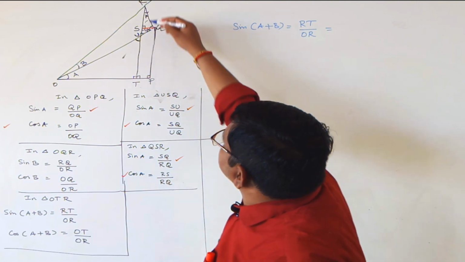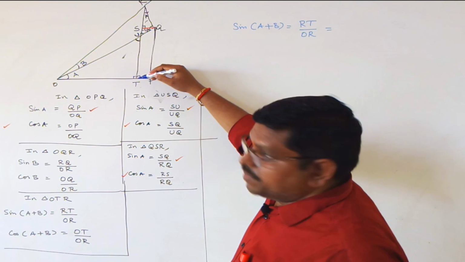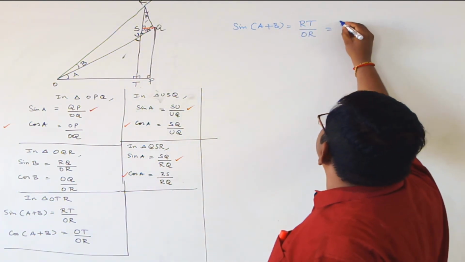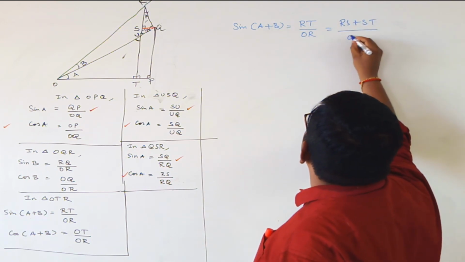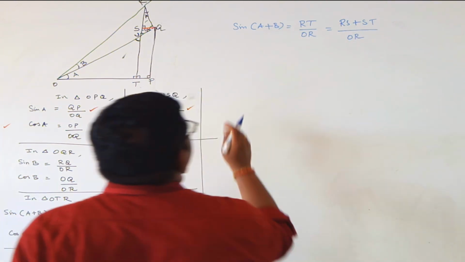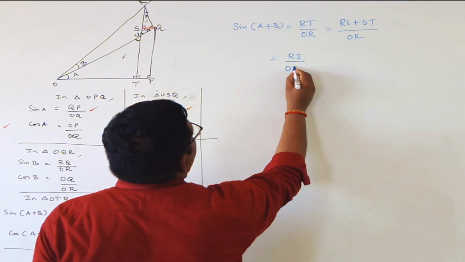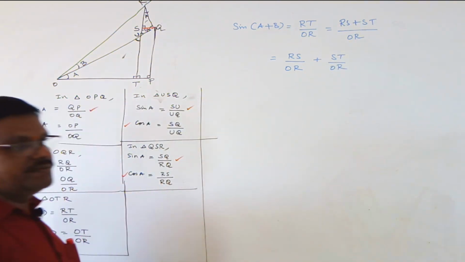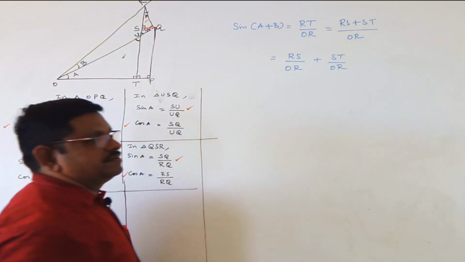RT is this distance, R to S and S to T. RT is nothing but R to S and S to T. So I am writing this as RS plus ST divided by OR. Now we can split them as RS by OR plus ST by OR. We divide individually: RS by OR plus ST by OR.